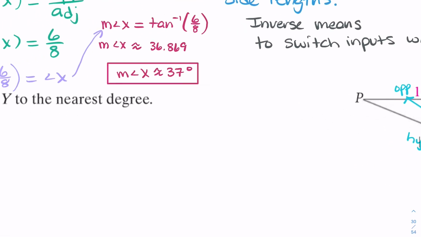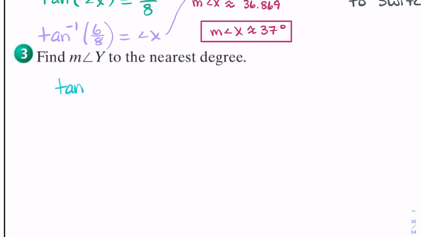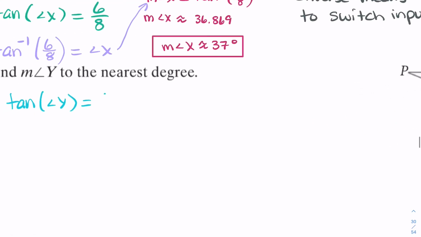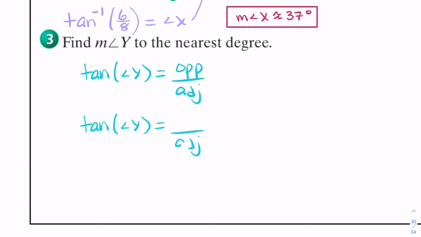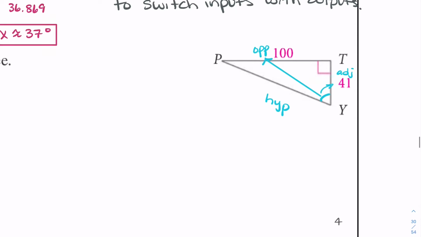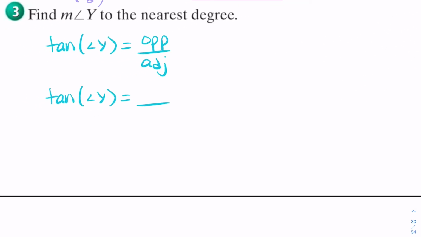So we have the tangent of angle y equals the opposite over the adjacent. So the tangent of angle y equals 100 over 41. Tangent inverse of 100 over 41 equals the measure of angle y.